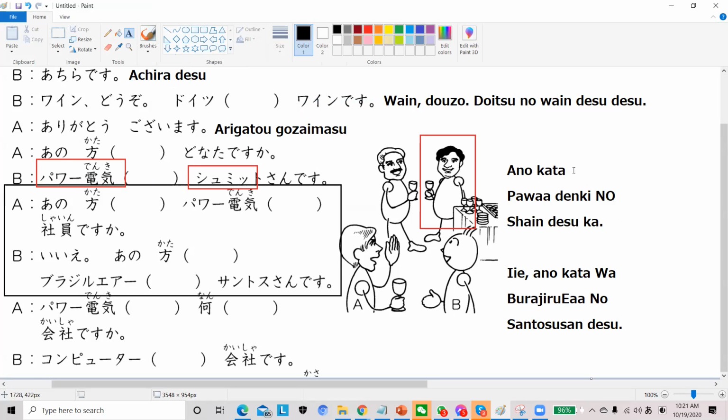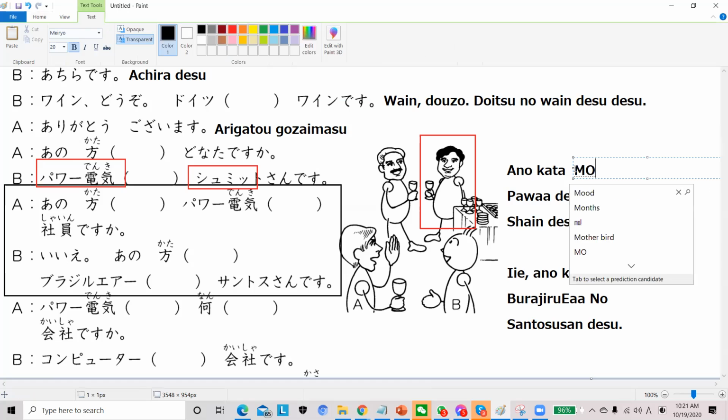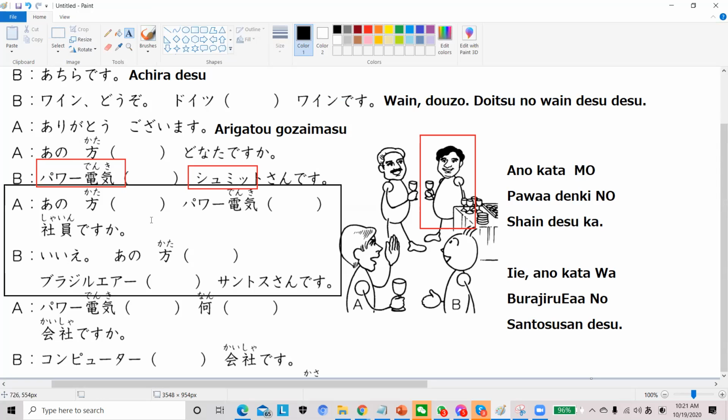What is "also" in Japanese? For example, I want to say, watashi wa Philippine jin desu. Kyrene-chan mo Philippine jin desu. So what particle are we going to use? Mo. One more. Anokata mo? Okay, very good, right? Why do we use mo this time?